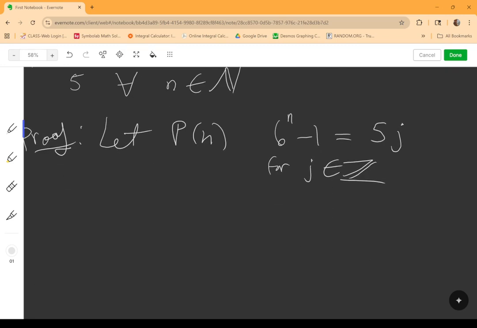All right, so here we've defined what P of n is. So now let's do our base case.